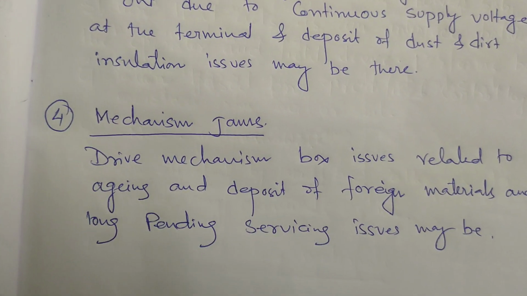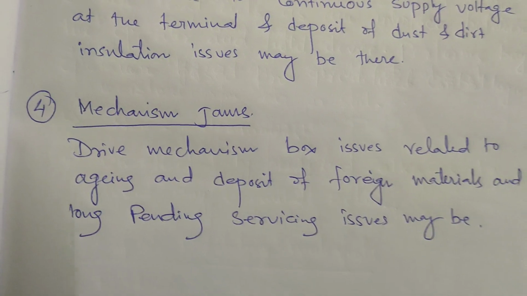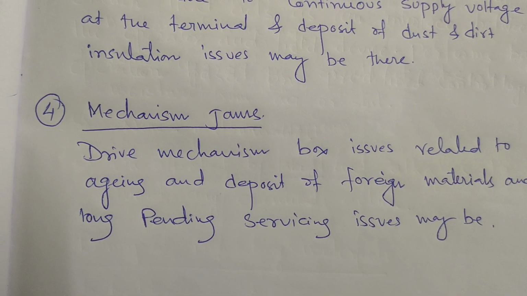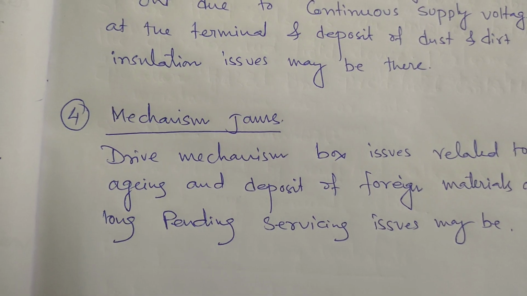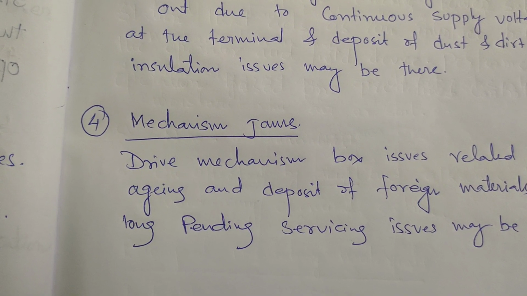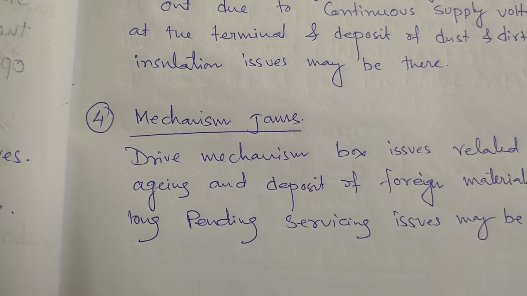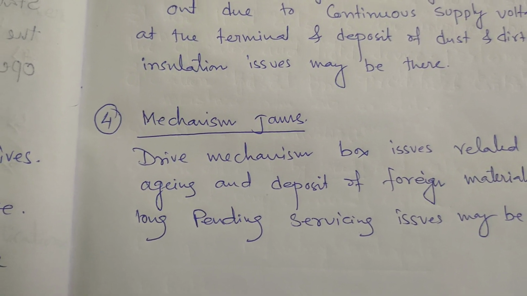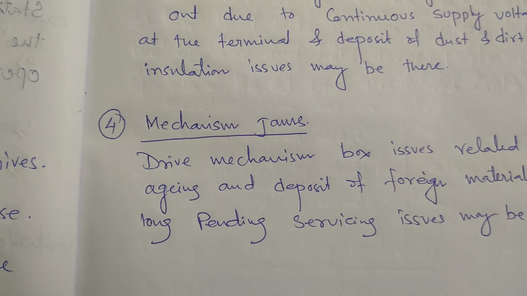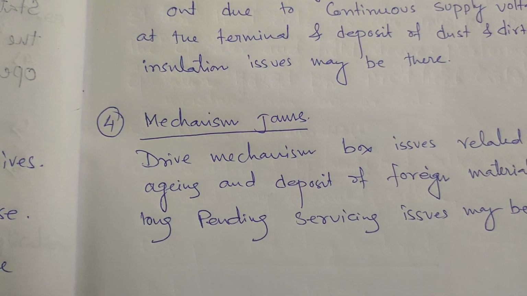It is due to not overhauling the breaker for a long time, not providing lubrication to the breaker as per schedule, and not getting a shutdown for particular types of circuit breaker. That's why you cannot overhaul the circuit breakers. You are just connecting the terminals of the circuit breakers, but you are not seeing what is happening inside the drive mechanism box.